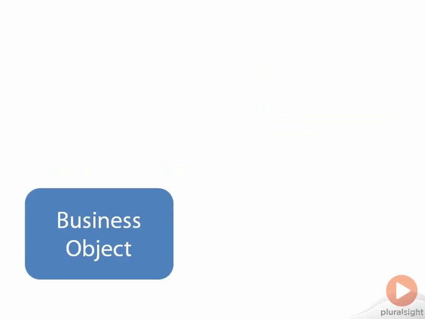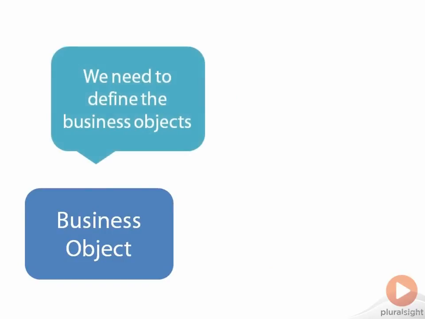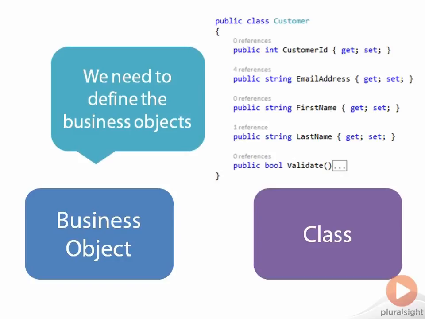What about the term business object? You may hear or read something like, "We need to define the business objects." Confusingly, the term business objects normally refers to a class. In most cases, it refers to classes specifically defined for solving a business problem, like our customer class here.